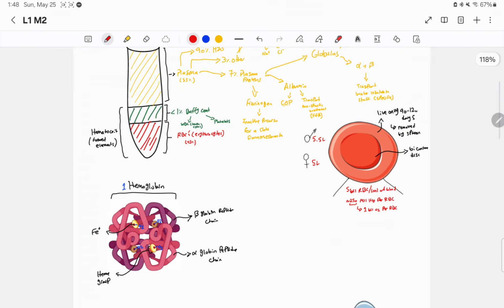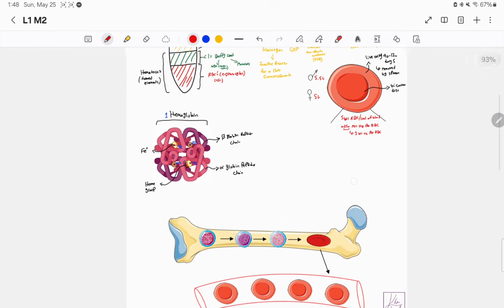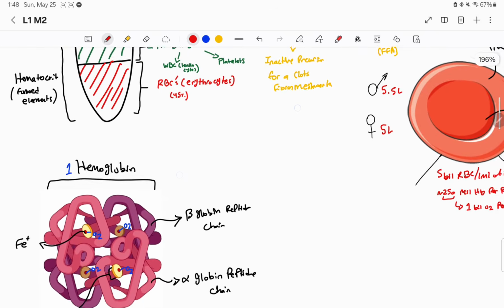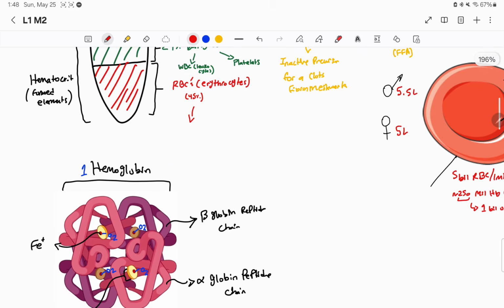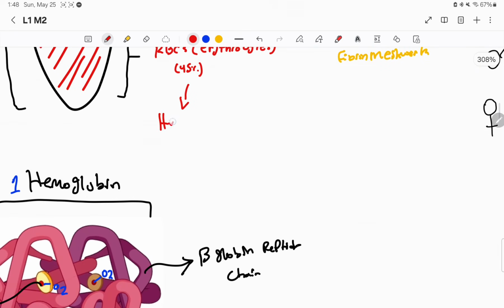Okay? Now, let's learn some other things about the red blood cell. So we know that it is just a bag full of hemoglobin, but what else does it have? This red blood cell has a lot of glycolytic enzymes.